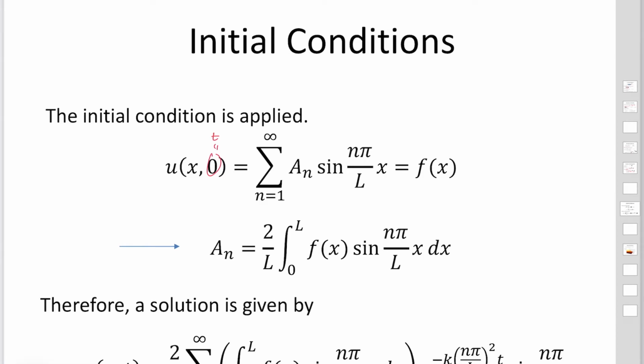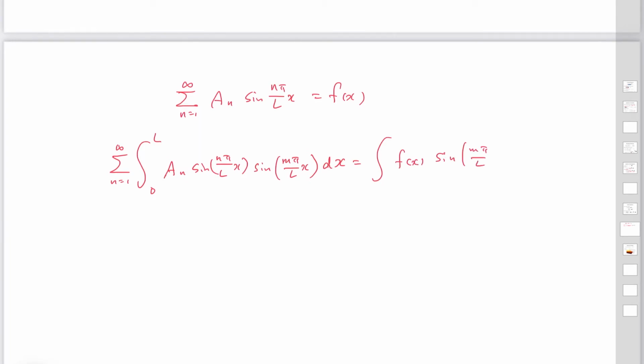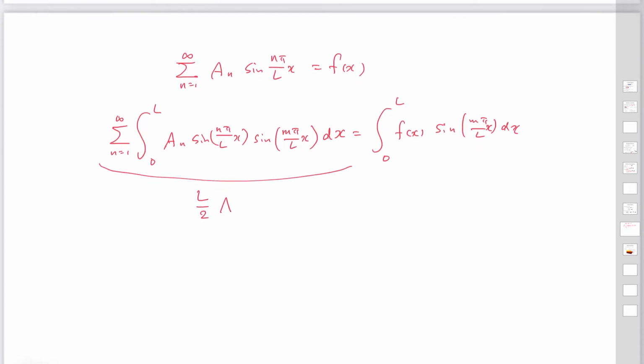From this equation, you can multiply by sine (m pi over L) x on both sides and integrate from 0 to L. The sum from n equals 1 to infinity of a sub n sine (n pi over L) x times sine (m pi over L) x dx equals the integral of f(x) sine (m pi over L) x dx from 0 to L. This part becomes L over 2 times a sub m, because the sine functions are orthogonal, so we take only the same value of m.